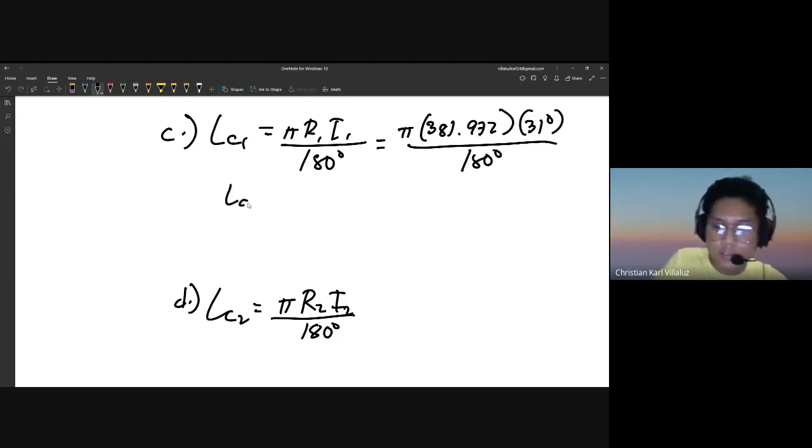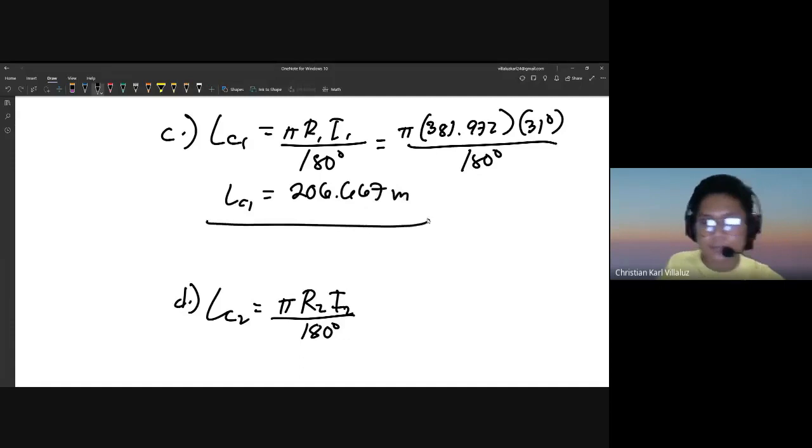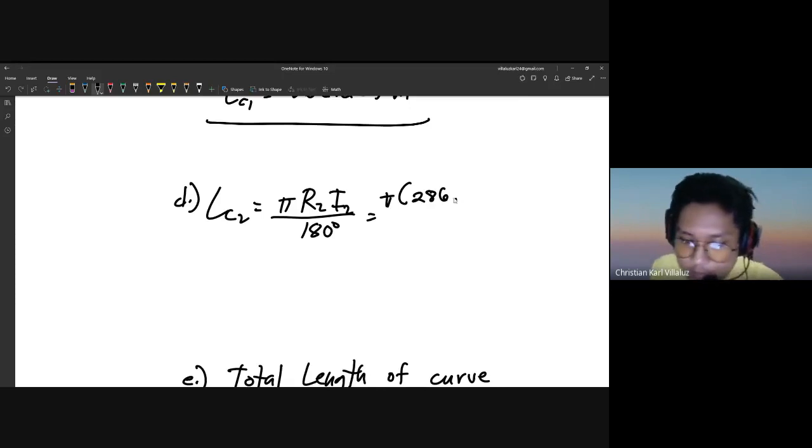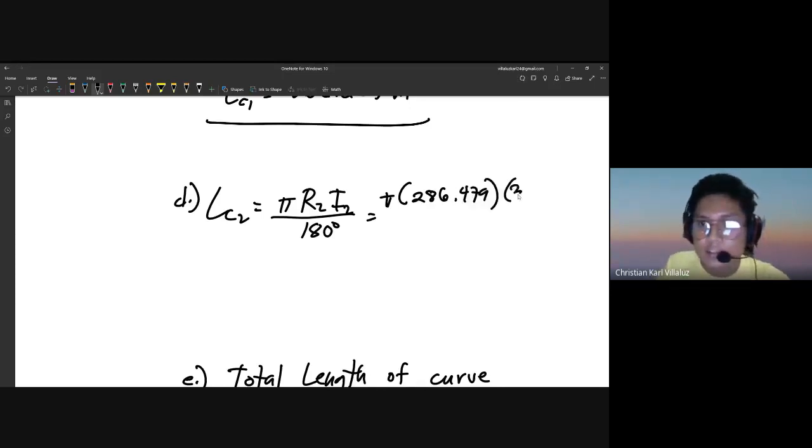So, LC1 is 206.667 meters. The length of the second curve, ganun lang ulit, by R2 is 286.479 times 36 degrees over 180 degrees.